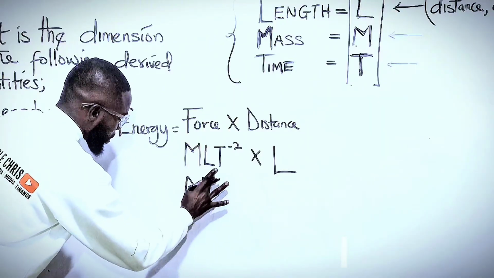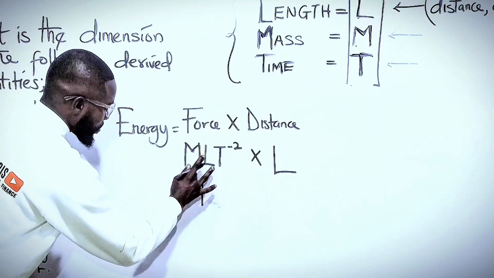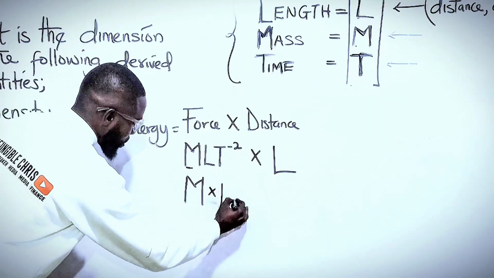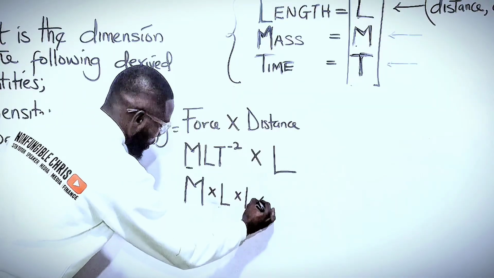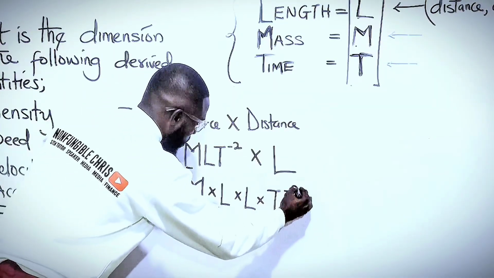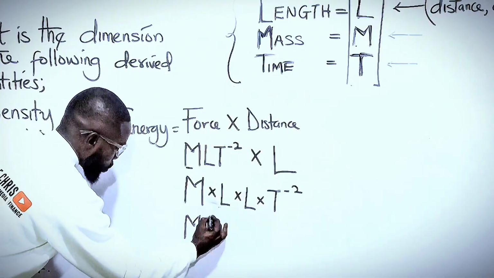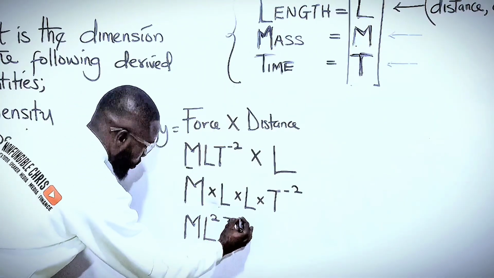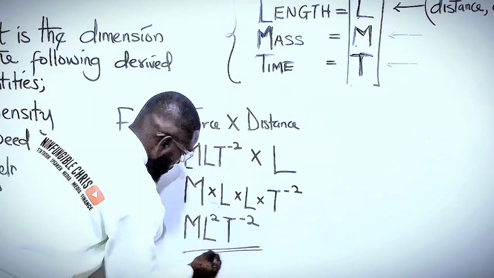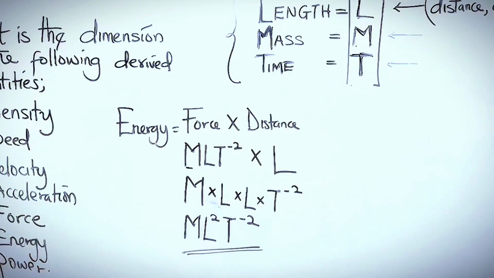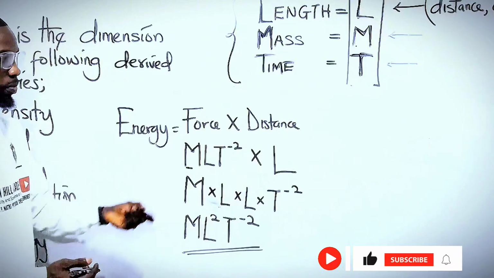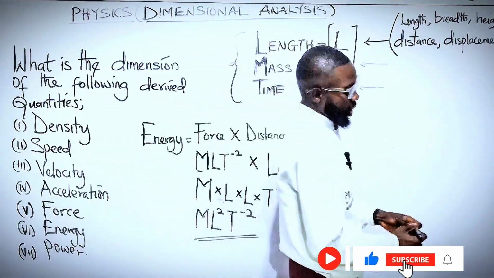L. M, this m, times L times L times t raised to the power of minus 2, which gives us m L raised to the power of 2 t raised to the power of minus 2. That's a simple answer for energy. It's very simple. Just express them in terms of their fundamental quantity and then you get your answer.